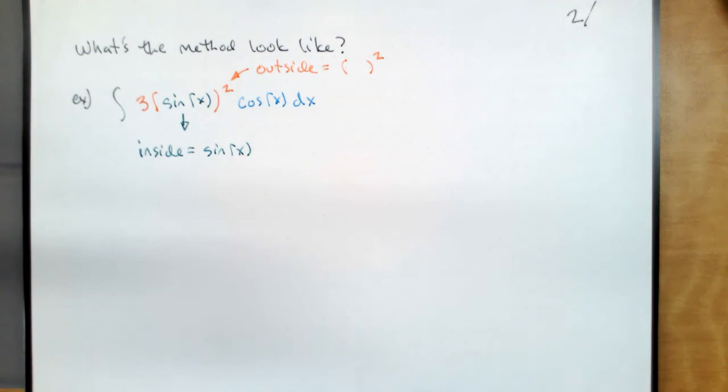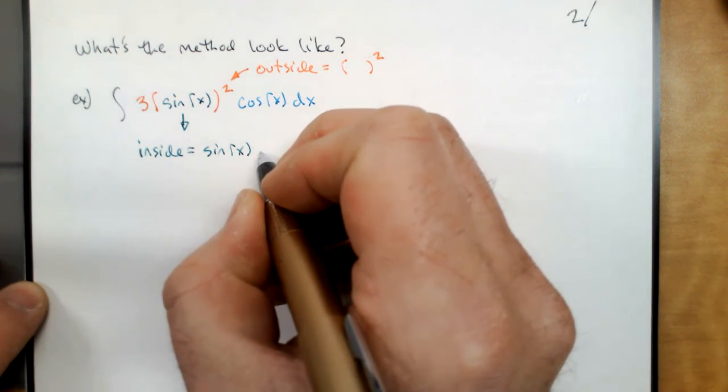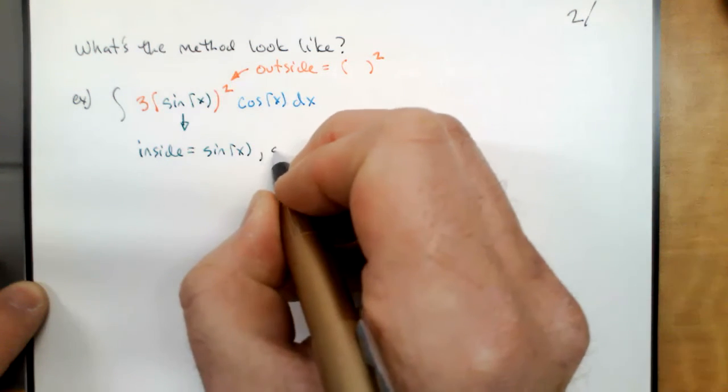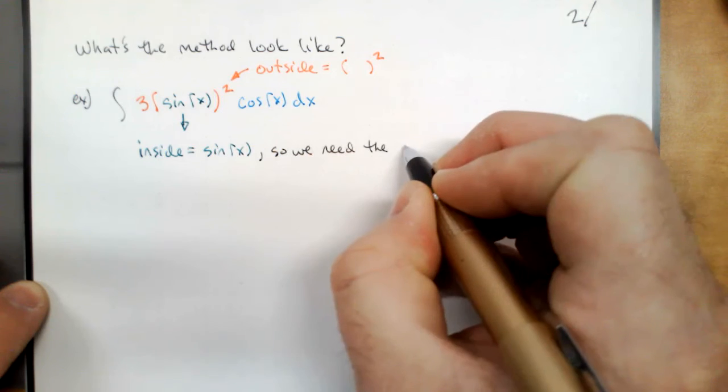Now, to make substitution go, if we're thinking that we want to do substitution on this problem, if the inside is going to be sine x, I'm going to need the derivative of the inside as a factor. Whatever you think is the inside, you need to be able to identify the derivative of the inside as a factor.